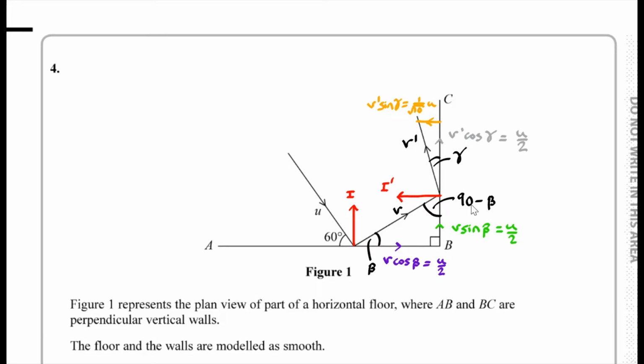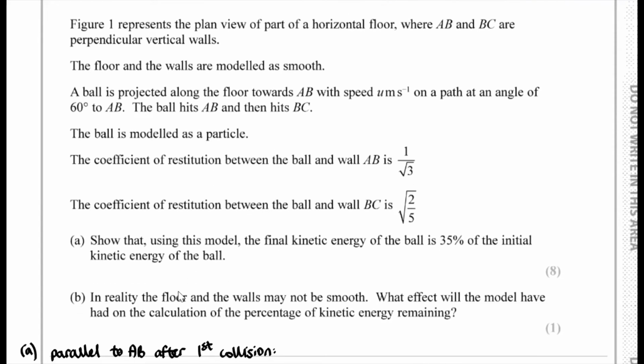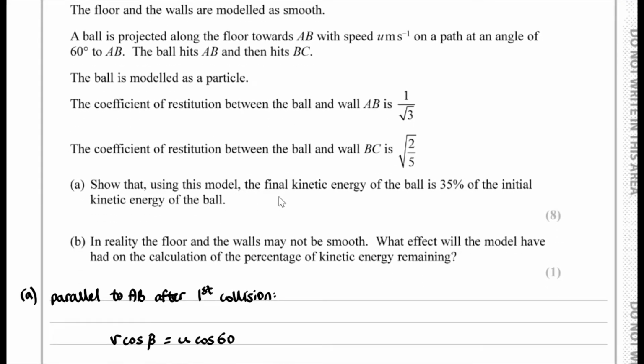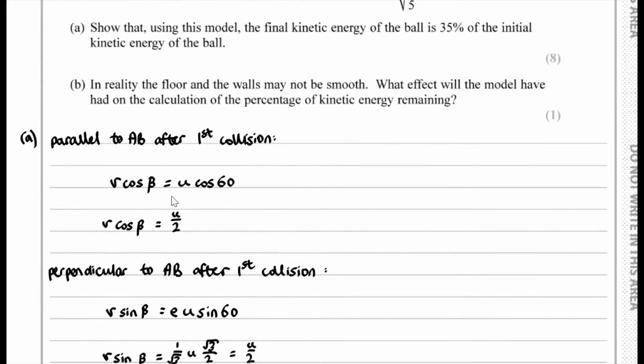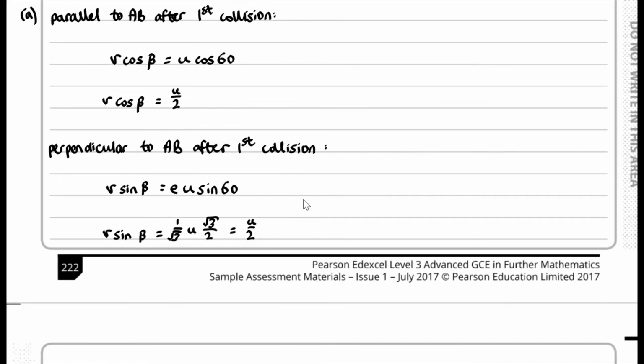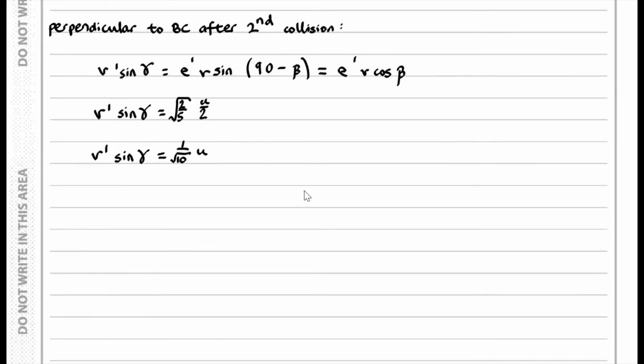And now remember, in this question we're trying to find the final kinetic energy as a percentage of the initial kinetic energy. And in terms of the initial kinetic energy, if we write this down, the initial kinetic energy, you'd find this to be 1/2 m times by U squared, and the final kinetic energy, that's equal to 1/2 m.